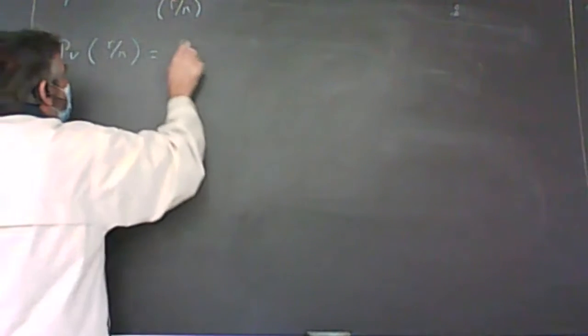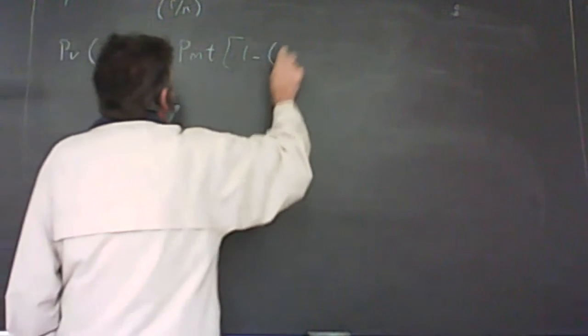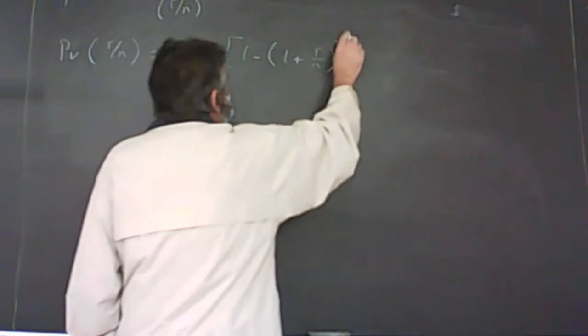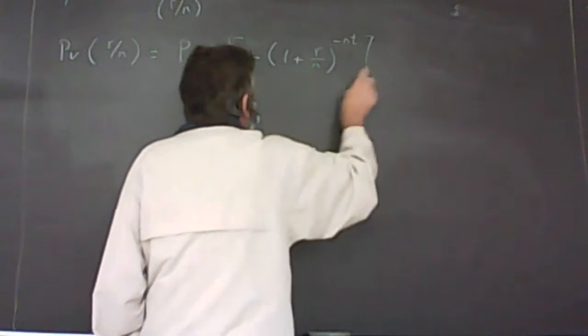finding the payment. So if I divide this by 1, for instance, and I cross multiply, then we end up with PV times R over N equal the payment times 1 minus 1 plus R over N to the minus NT.